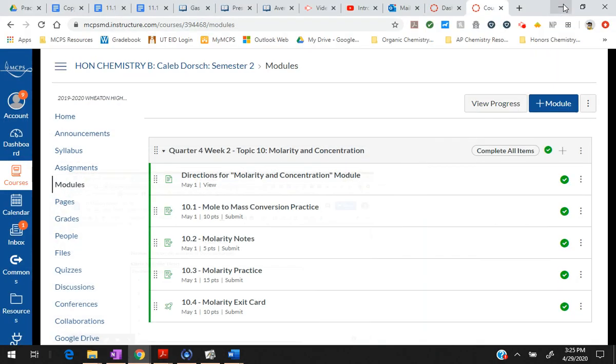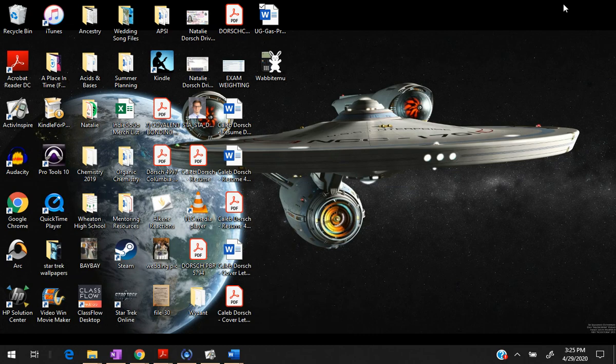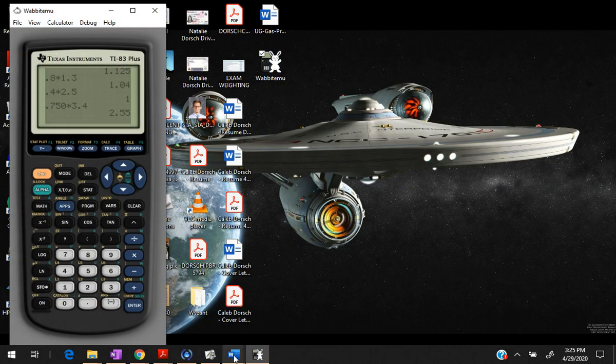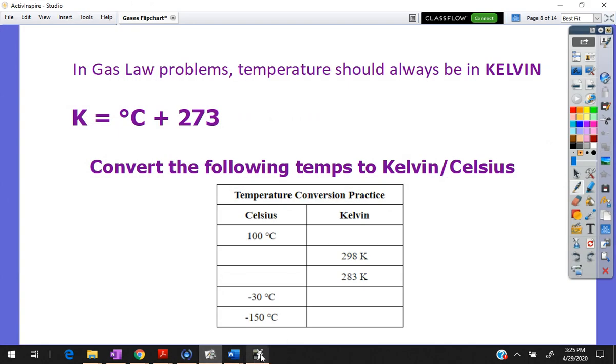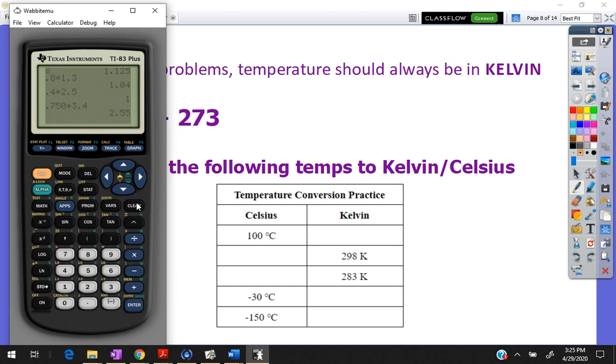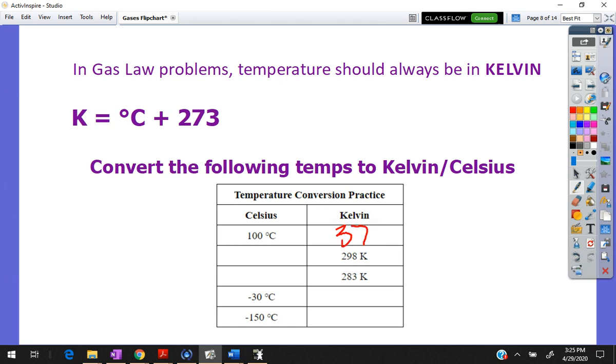So let's do a few of those real quick. Gotta pull up my calculator here, just in case, because we're going to need it for later. I start with 100 degrees Celsius, and again, I just add 273. So I end up with 373 Kelvin.